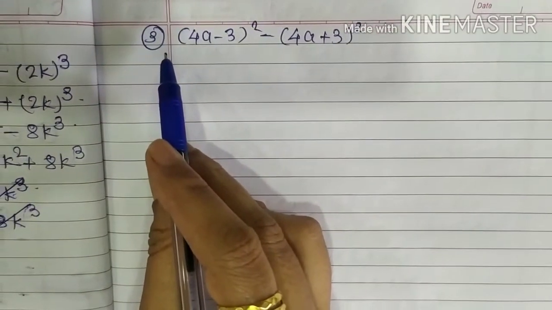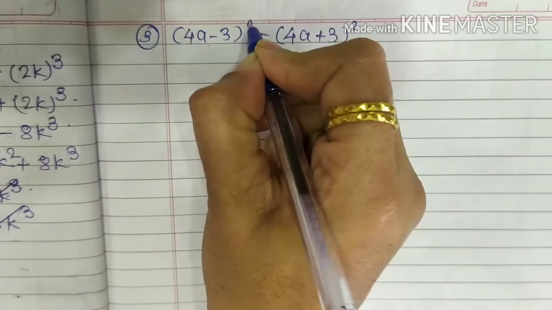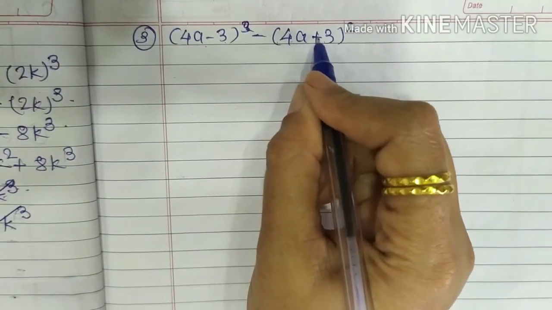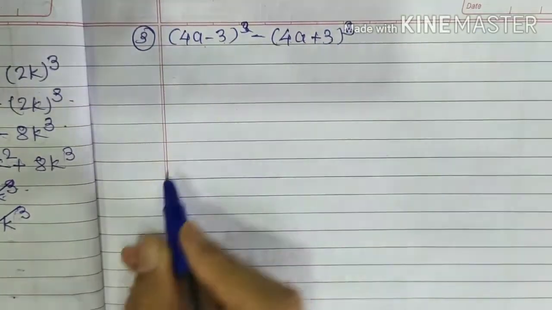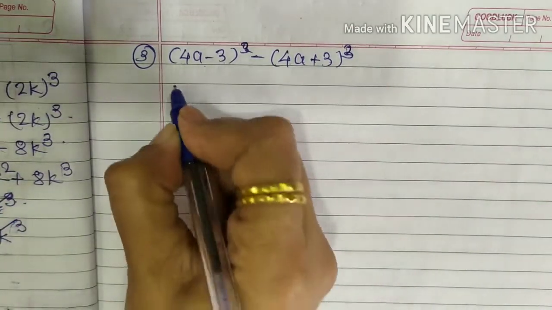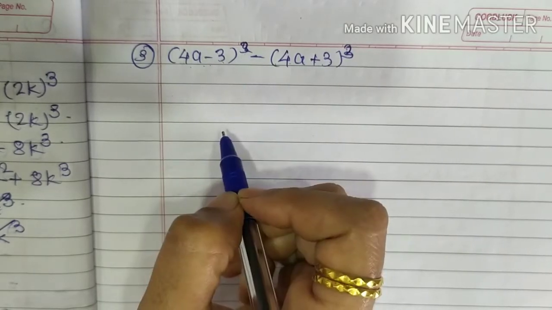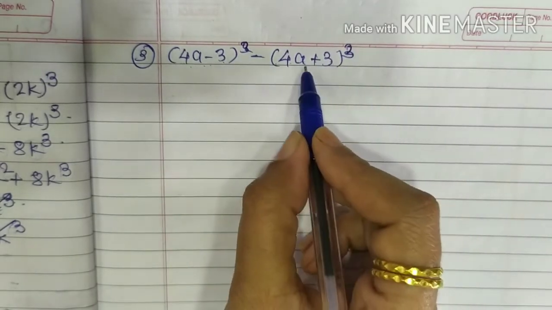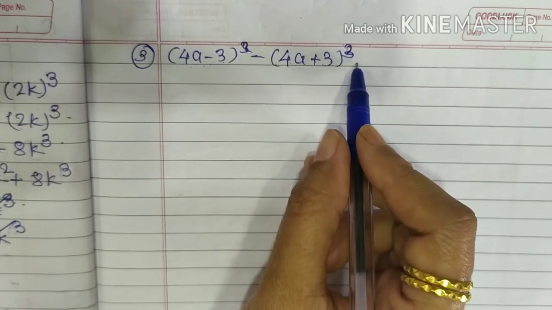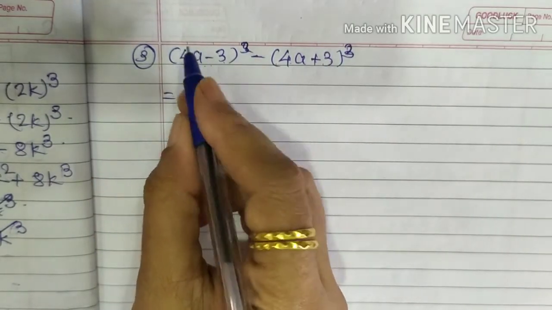Example number 3: 4a minus 3 cube, and second bracket 4a plus 3 cube. So let's simplify this example. First use the a minus b cube formula, and in the second we use the a plus b expansion formula. So see the first expansion.